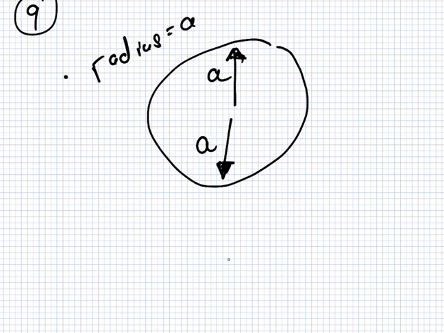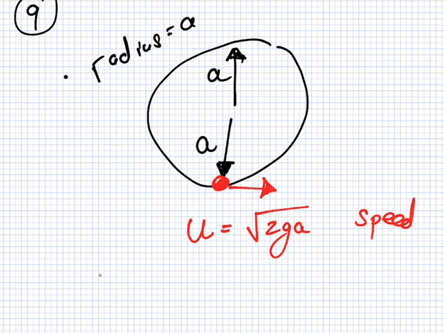Here, it's fired. And we're told that the speed u is equal to root 2ga. This is the speed at the start. So the first question, part 1, is what is the energy at the start? What type of energy does it have at the start here?